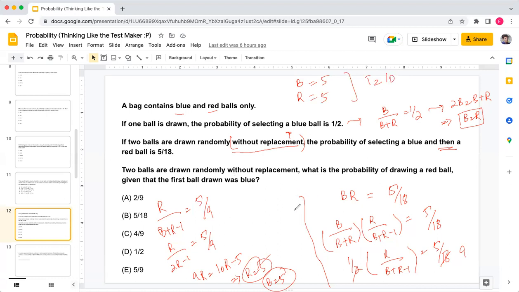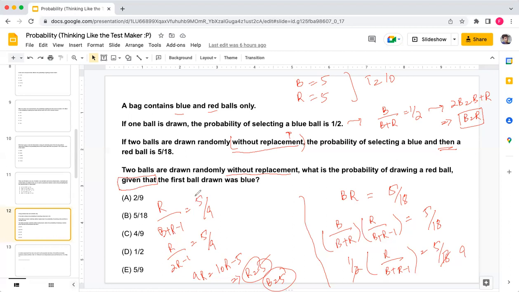Then the question asked is that 2 balls are drawn randomly without replacement. What is the probability of drawing a red ball given that the first ball drawn was blue? This is a conditional probability, saying the first ball is blue, which is drawn already.